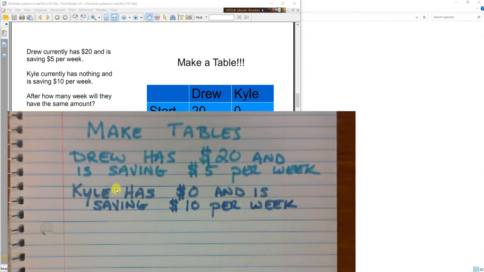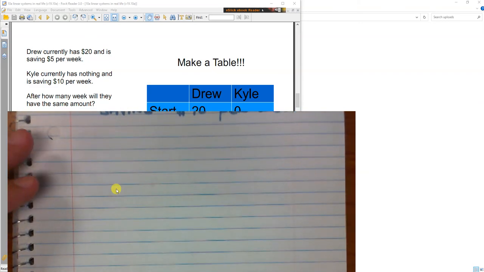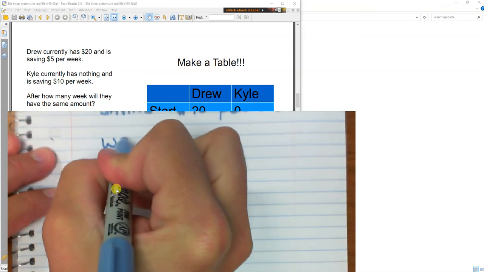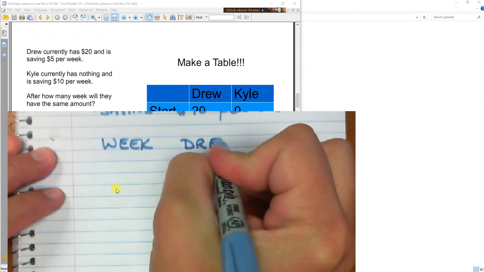And we're going to try to figure out how many weeks it's going to be until they have the same amount of money. So here's our table. We're going to have week, Drew, Kyle.